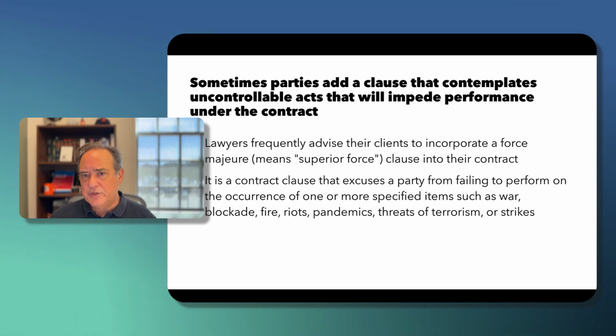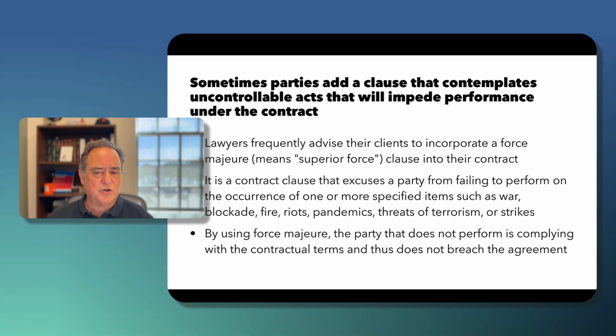And the reason we do that is by citing force majeure, the party that does not perform is complying with the contractual terms and thus does not breach the agreement. They have not breached the agreement. They are performing according to the contract, which has a clause that says if when one of these things happens, we don't have an obligation to perform.